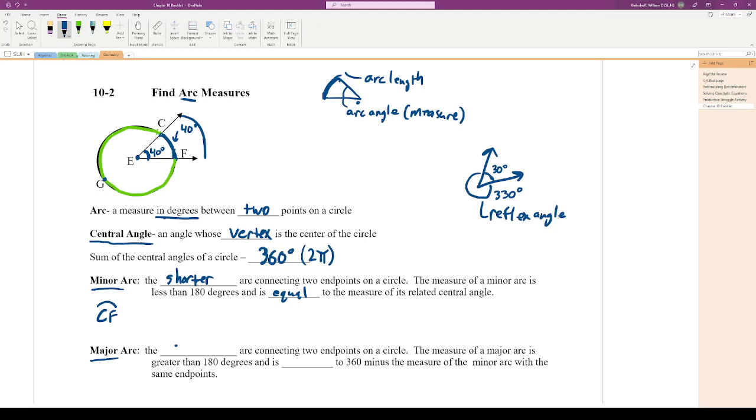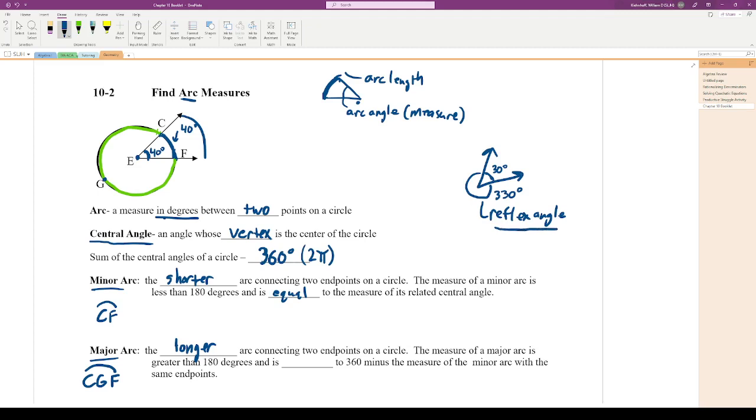So this is the longer arc connecting two endpoints on a circle. And to name it, we need a third point. So we would call this arc CGF, with the arc notation again. If we name an arc by 3 letters, that means it's a major arc and we're going around the long way instead of the short way. It's always between 180 and 360, just the same as this reflex angle.